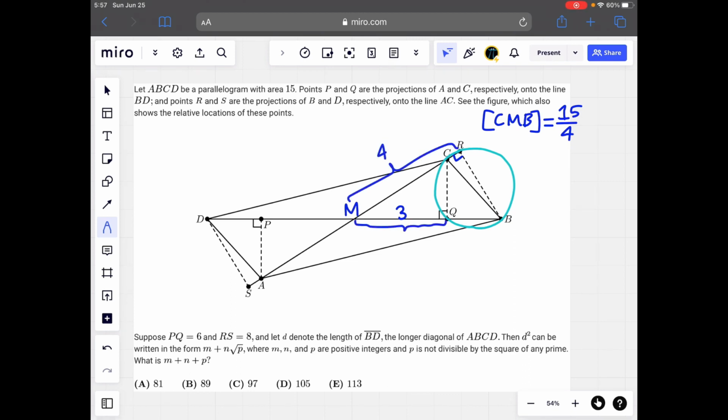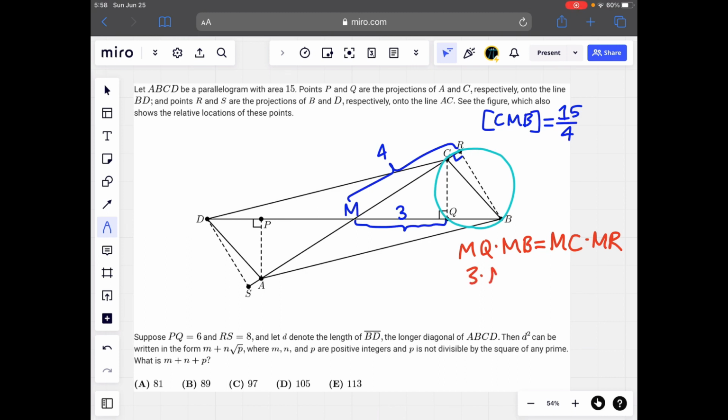Okay, remember how we found out quadrilateral BQCR is cyclic a while back? That's good because we can now use power of a point with respect to point M and that circle. So we can write MQ times MB equals MC times MR. But we know that MQ is 3 and MR is 4.